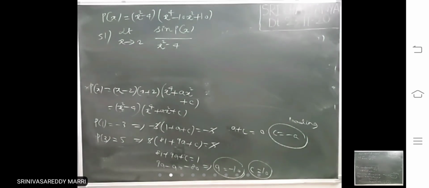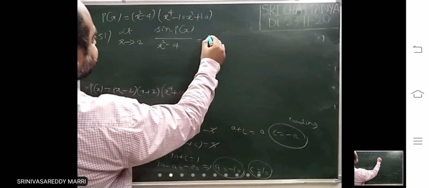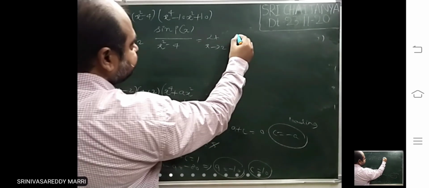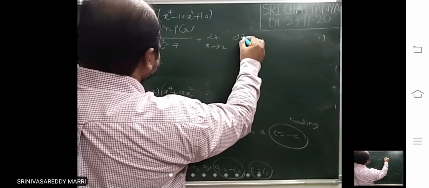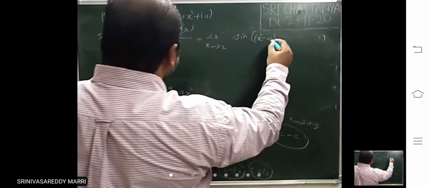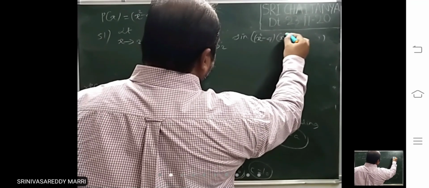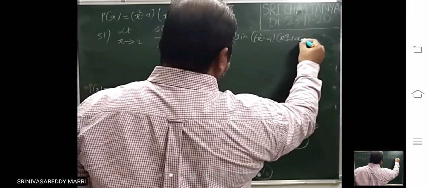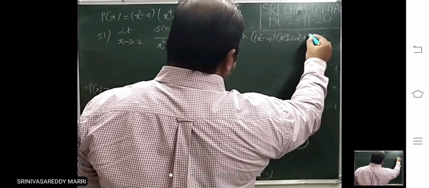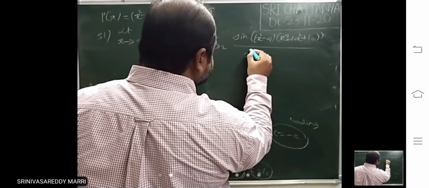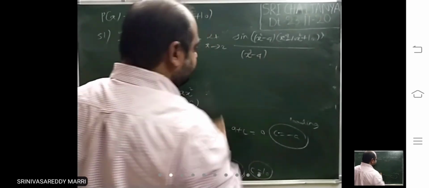Observe this. So p of x you substitute here. After evaluating p of x, it will become easy. Divided by x square minus 4.